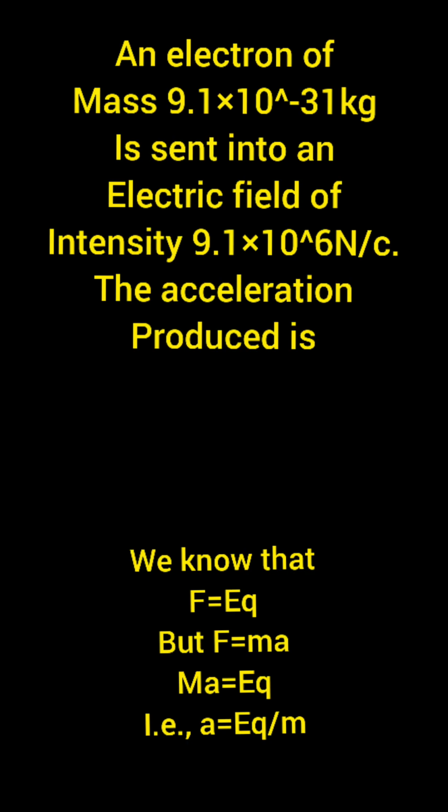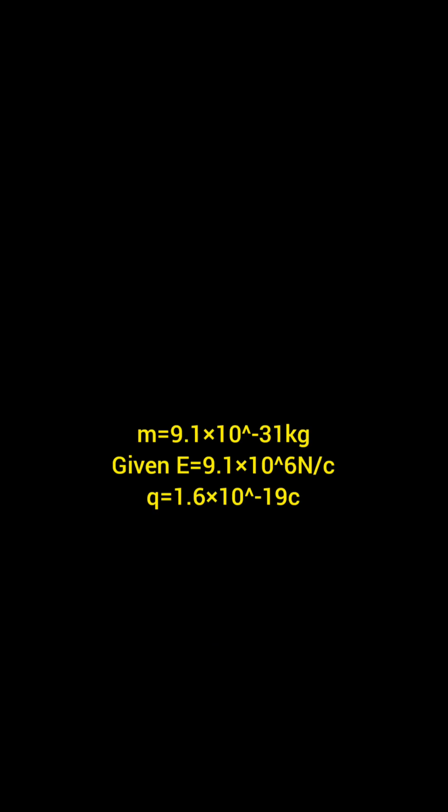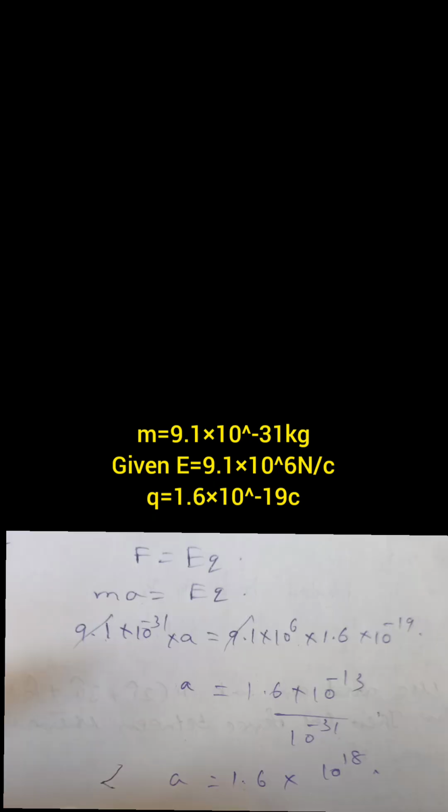Since LHS are equal, RHS can be made equal. ma is equal to Eq, a is equal to Eq by m. Therefore, 9.1 into 10 power 6 into 1.6 into 10 power minus 19 by 9.1 into 10 power minus 31. Simplifying it, we will get a is equal to 1.6 into 10 power 18 meter per second square.